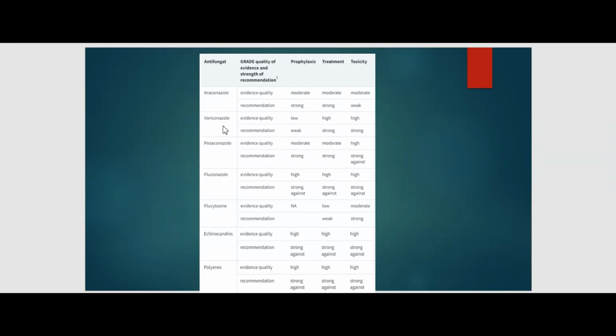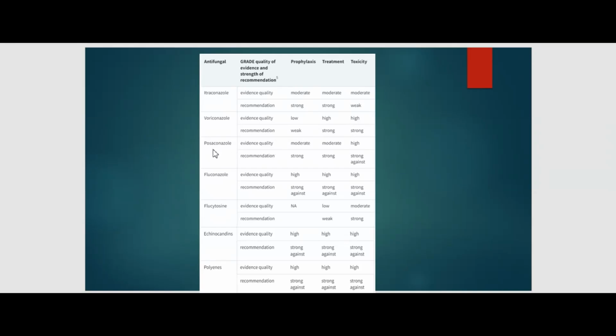And voriconazole is next. There's low evidence on prophylactic doses monitoring, but there's high evidence on treatment doses and also to avoid toxicity. And hence the recommendation is to strongly recommend monitoring voriconazole levels if the patient is receiving it for treatment of a fungal infection, and also to avoid toxicity.